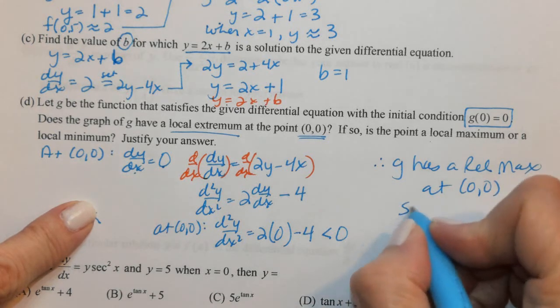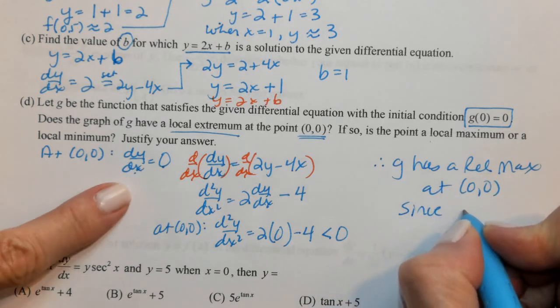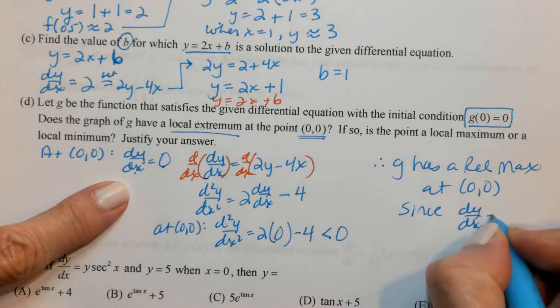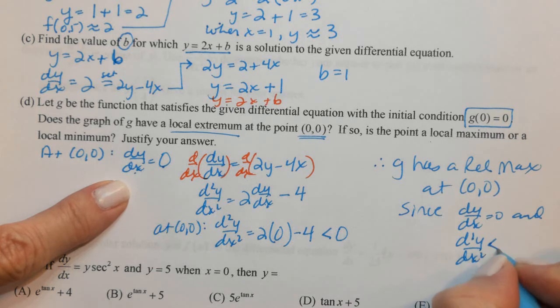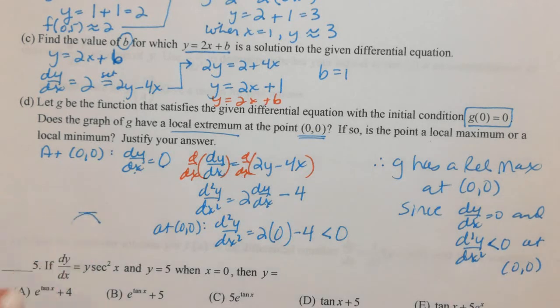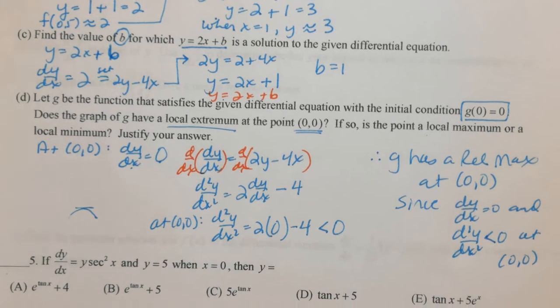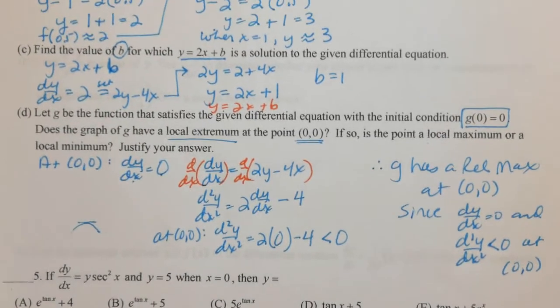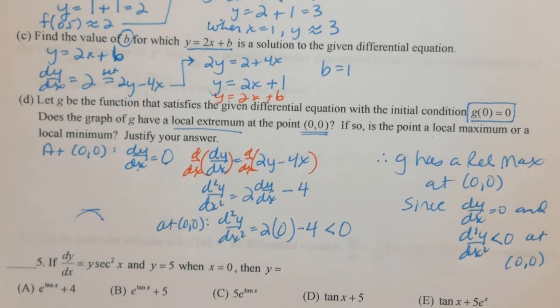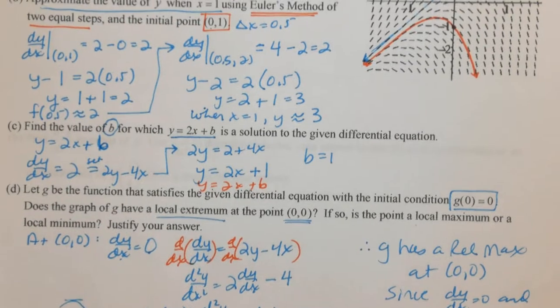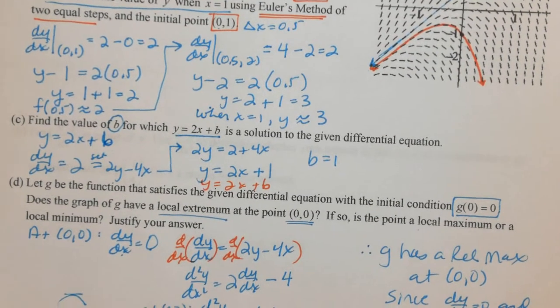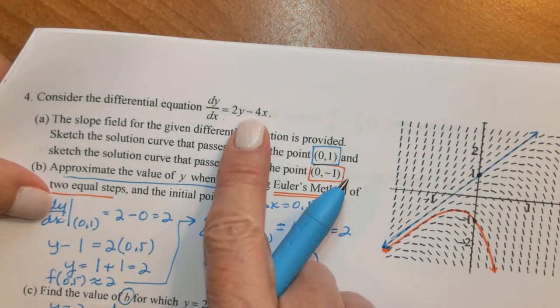And again, this is since dy dx is 0, and the second derivative is negative at 0, 0. Okay? That's a nice little FRQ. It had a lot in it. We never did solve the differential equation there because we couldn't.